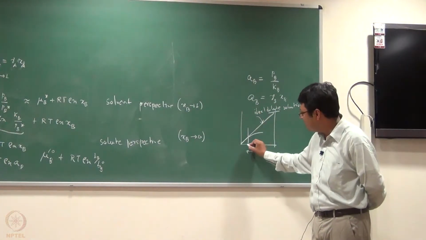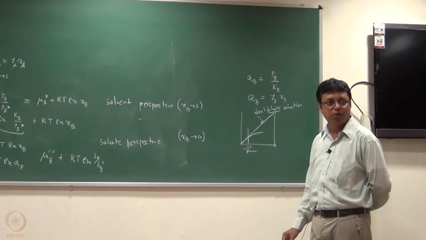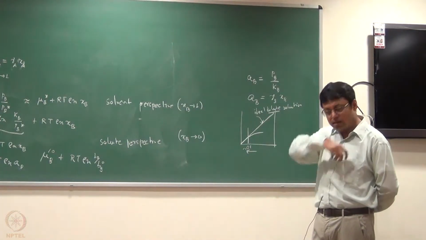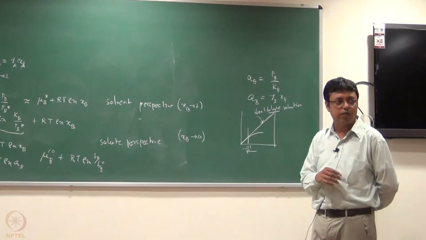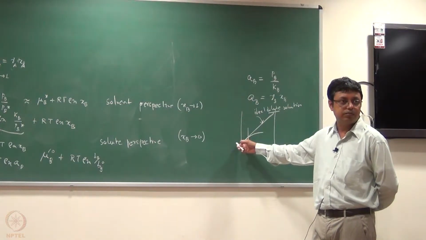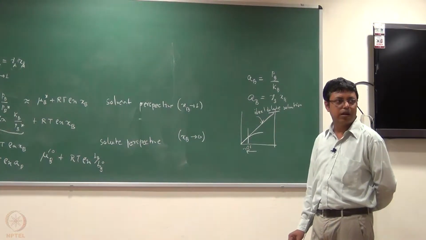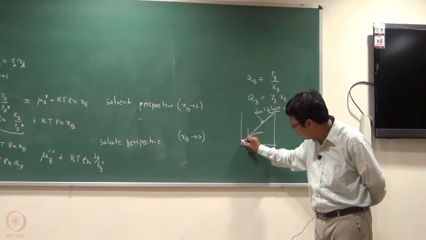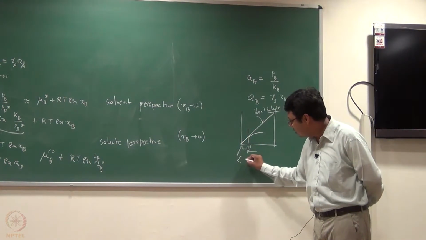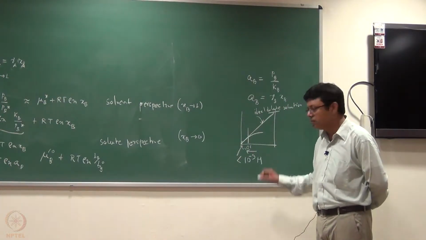And then I said that the mole fraction will be something like, let's say, less than 0.1. But if you had done it not with acetone, benzene or acetone chloroform mixture, something like that, but if this was actually sodium chloride and water, this thing will be very, very different, the real curve. And actually it will show ideal kind of behavior in a very, very small range, which is something like less than 10 to the power minus 3 molar.